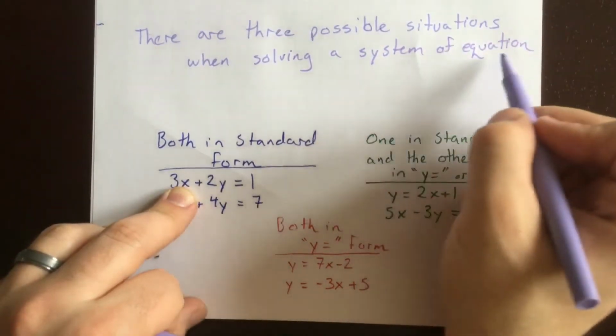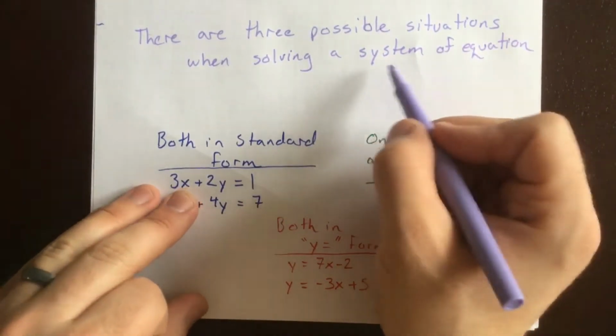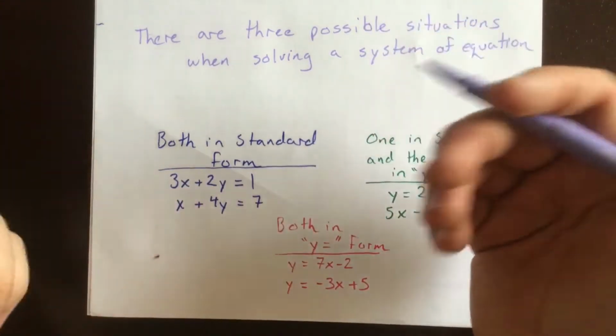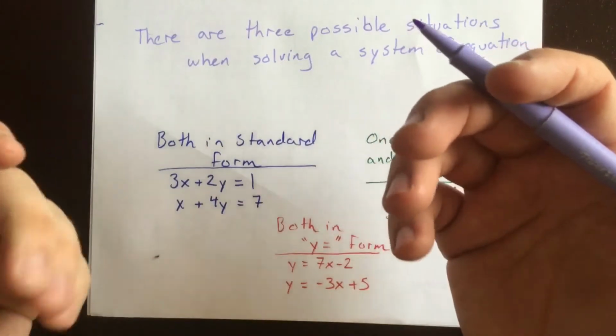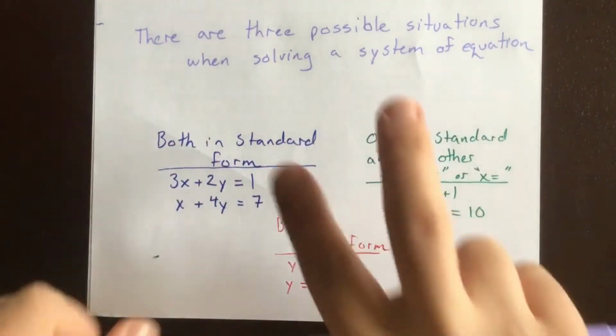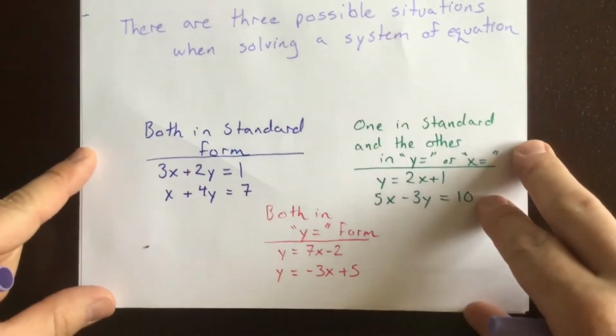This word system is referring to a group of equations. So when I solve a system of equations, I'm finding a point that fits a group of equations. And at the beginning here, we're just dealing with two equations.